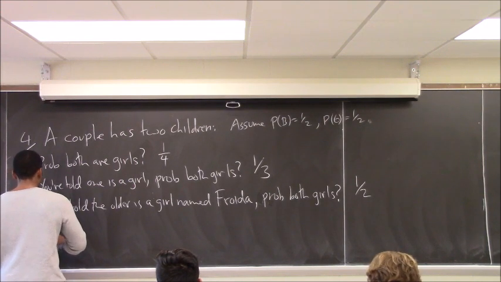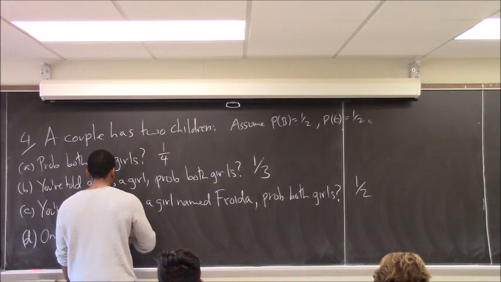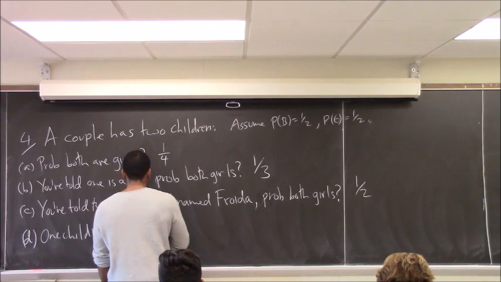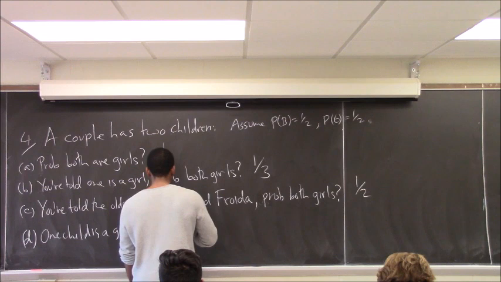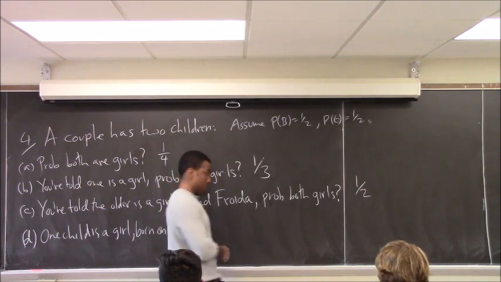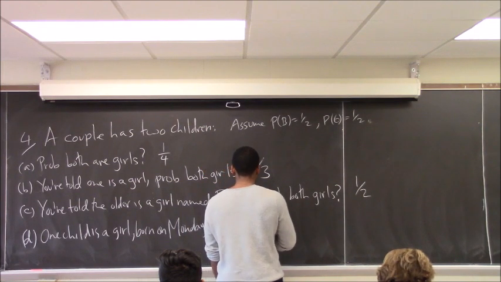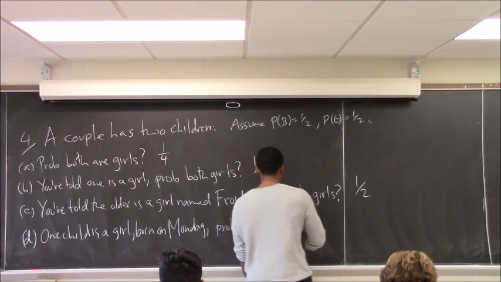You know, one child is a girl, and listen, she's born on a Monday. Probability both are girls?